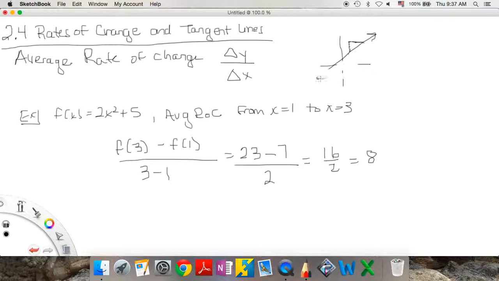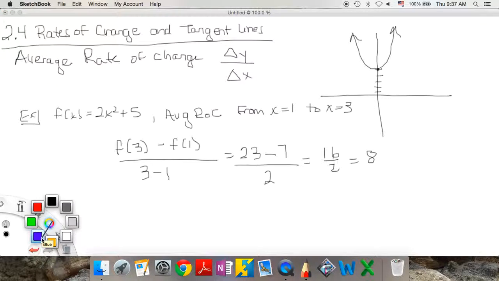Well, what does this function look like? It's a parabola. We know that because it's a quadratic, a degree 2 polynomial. So if we draw it in here, we know that it looks something like this. Now, when we're looking at the average rate of change, if x is 1, we're right here, and for x is 3, we're right here.